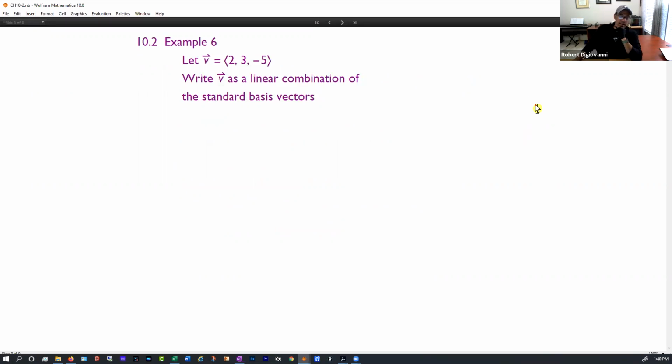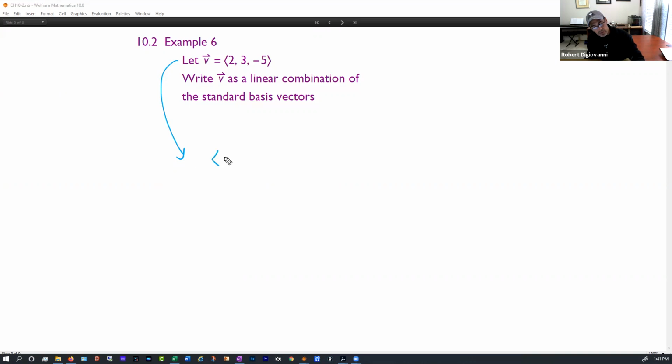So this is an example where we can see how we can take this vector written in this notation. And by the way, this is the notation I will use for vectors throughout the rest of the semester. I stay away from I hat, J hat, K hat. But you should be comfortable with the idea that you can go back and forth from one notation to the other. So let me show you how this works.